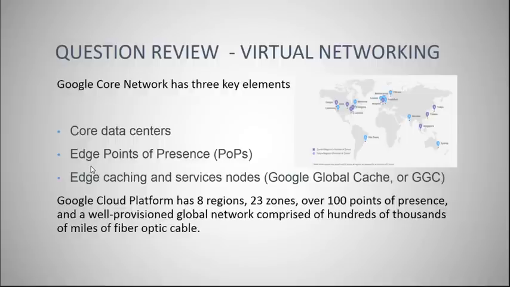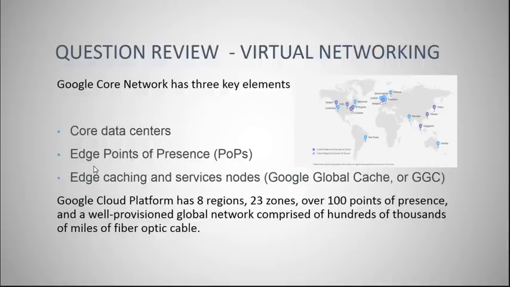And when you do connect to a point of presence, usually these are going to be major providers that are going to have basically a direct connect to Google, to the cloud platform. And then you also have the edge caching and service nodes. These are going to be typically located in smaller cities.